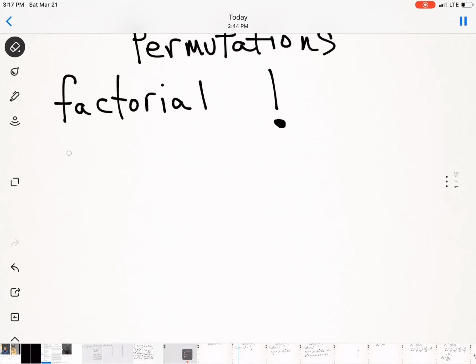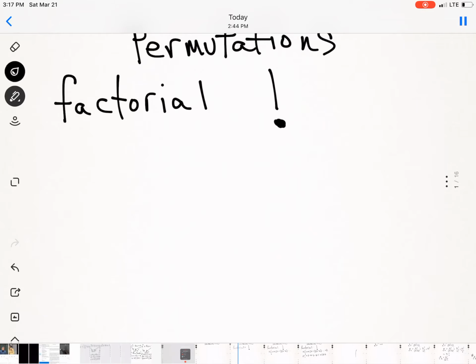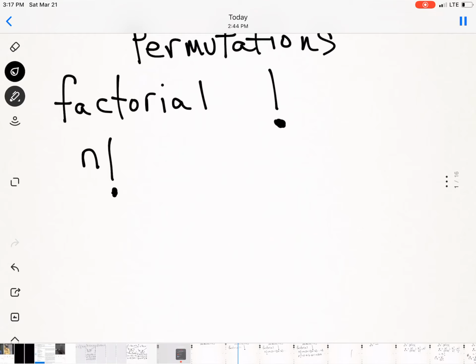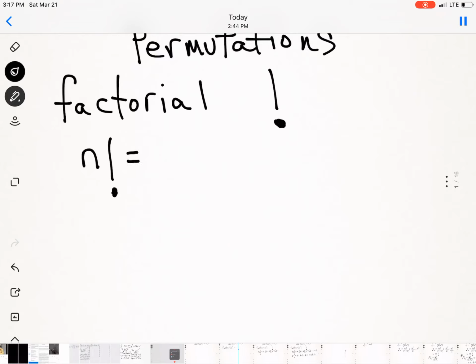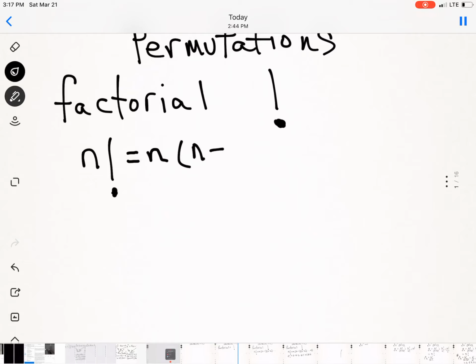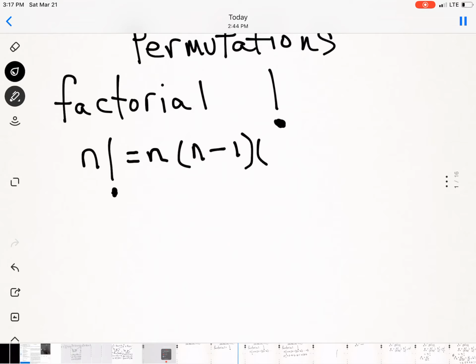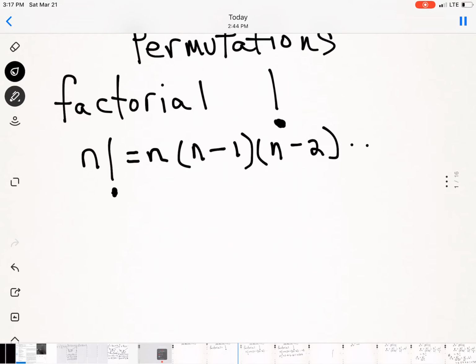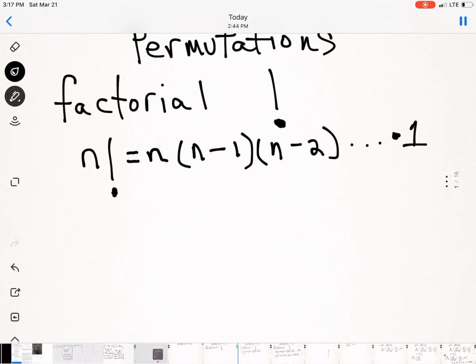And n, back to the letter here, n factorial can be represented mathematically like this: n times n minus 1 times n minus 2, and you keep doing this all the way down till you get to 1.